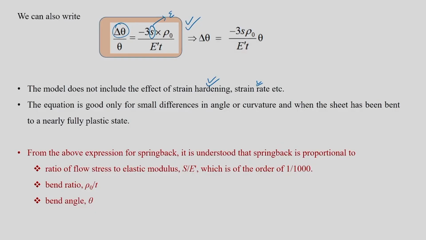So in one way you can consider strain hardening by relating this S to epsilon. If you somehow relate S to epsilon, then you can make it a function of strain hardening effect also. And it is also mentioned that the equation is valid or good only for small differences in angle or curvature.